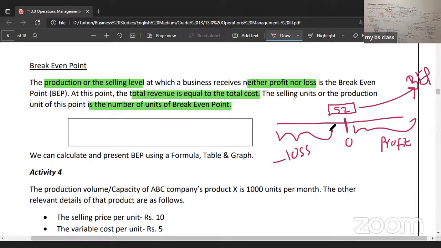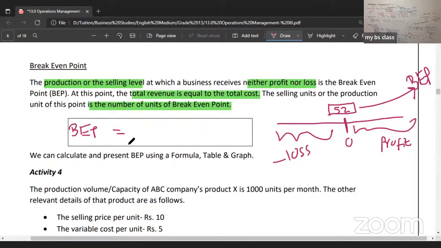Break even point is 52 units. Could you please take that as well? Now here's the calculation. Here's the equation. It's a simple equation. So here's your BEP calculation. So how do you calculate this break-even point units? How do you calculate this 52?